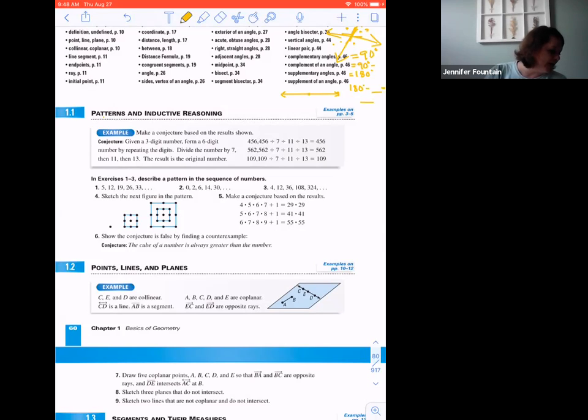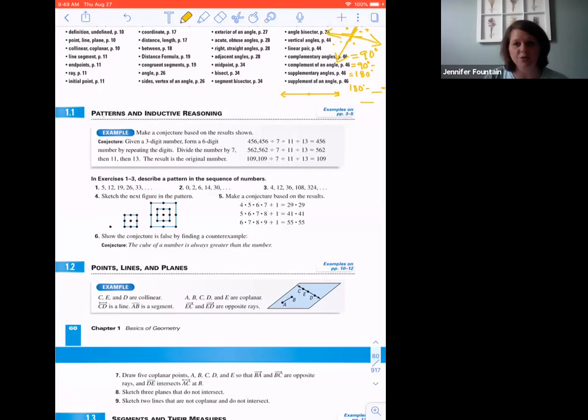And the numbers after the first are found by adding consecutive powers of 2. Okay. So if I've got 2 to the first, 0 plus 2 to the first gives me 2. Then 2 plus 2 to the second gives me 6.